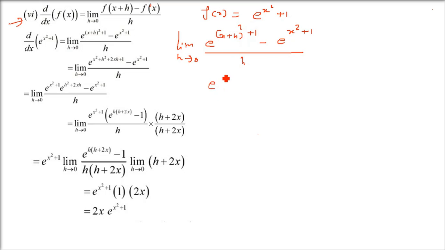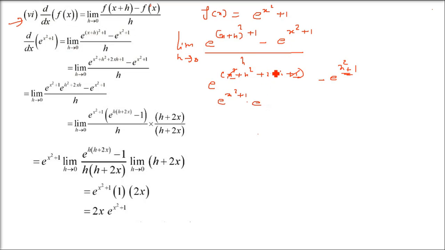So what we'll do, we'll just open it. a plus b whole square. So x square plus h square plus 2xh. Then you have plus 1 already here. And minus e raise x square plus 1. So you need e raise x square plus 1 from the first term. So just separate them. We need e raise x square plus 1. So x square plus 1 will take e raise x square plus 1. And then the remaining is h square plus 2hx.